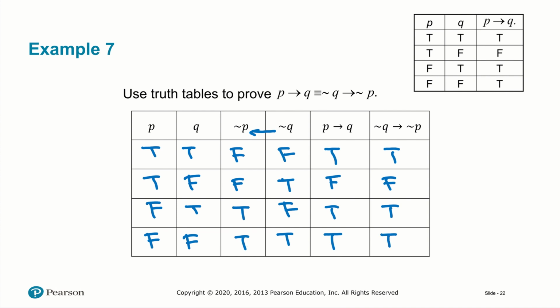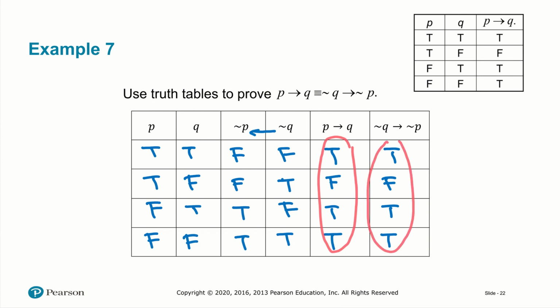Now, you notice how the truth values for P implies Q and not Q implies not P are identical. In other words, it's contrapositive. Remember, not Q implies not P is the contrapositive of P implies Q. Notice these values are identical.